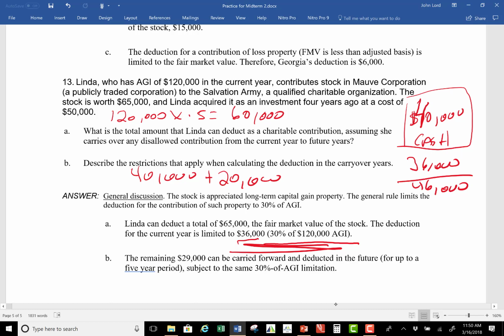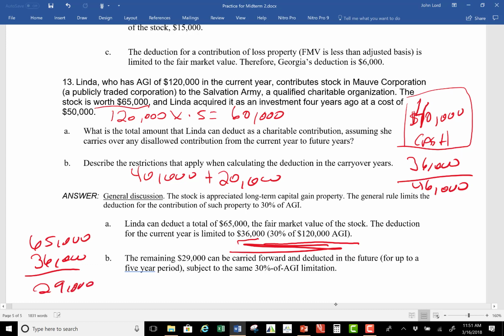So now, jumping back to the way the question was originally contemplated, she had a total of 65, the fair value of the stock, because she held it long enough for it to be capital gain property. She took 36. So she's now left with 29,000.